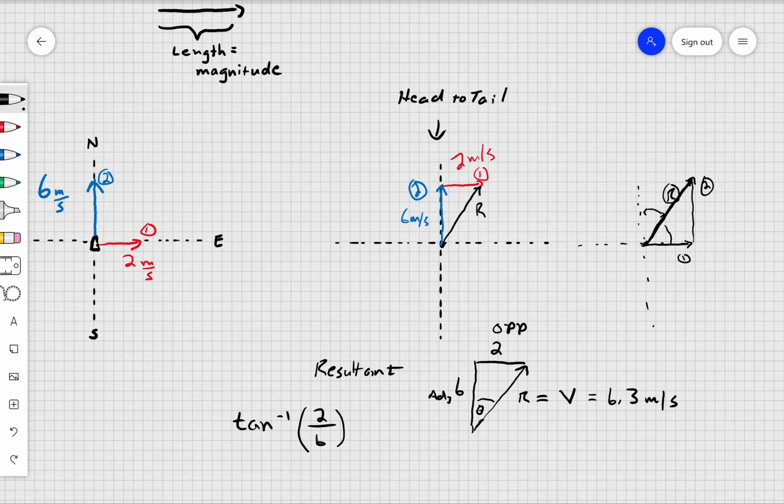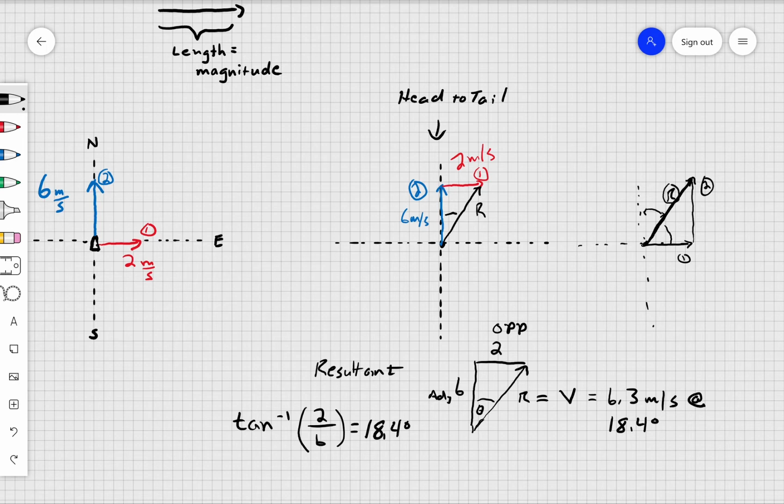And if we toss that in our calculators and we are in degrees mode, about 18.4 degrees. So our velocity is 6.3 meters per second at 18.4 degrees.